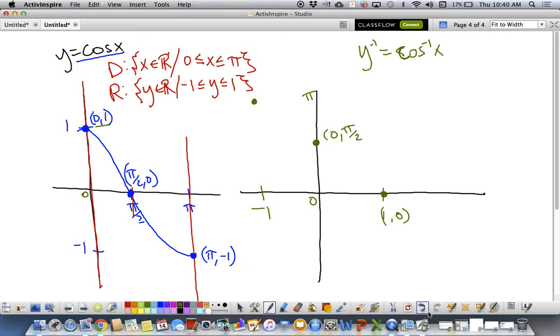Then you went from pi, -1, to -1, pi. It's going to continue to go that way, here. I need you to finish this graph and tell me what's the domain and range. That is your homework. Alright?